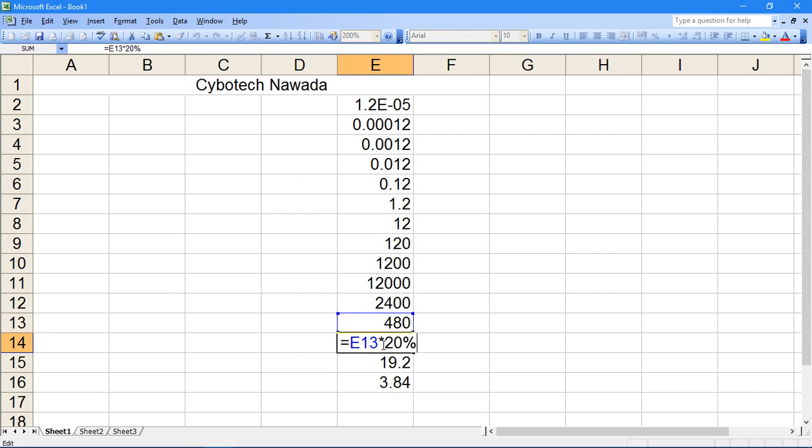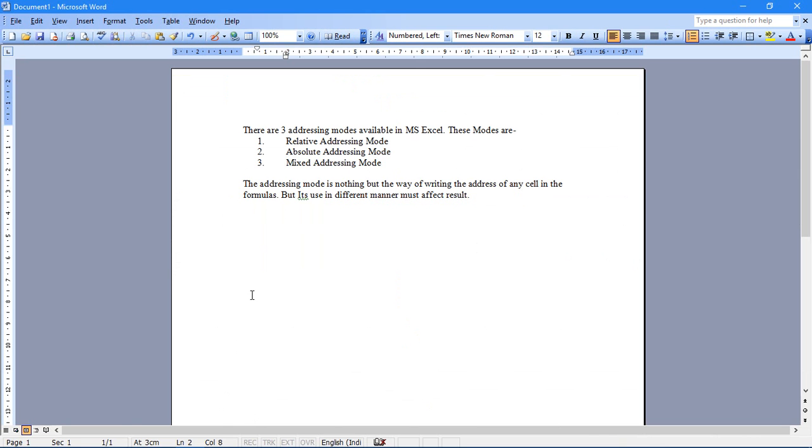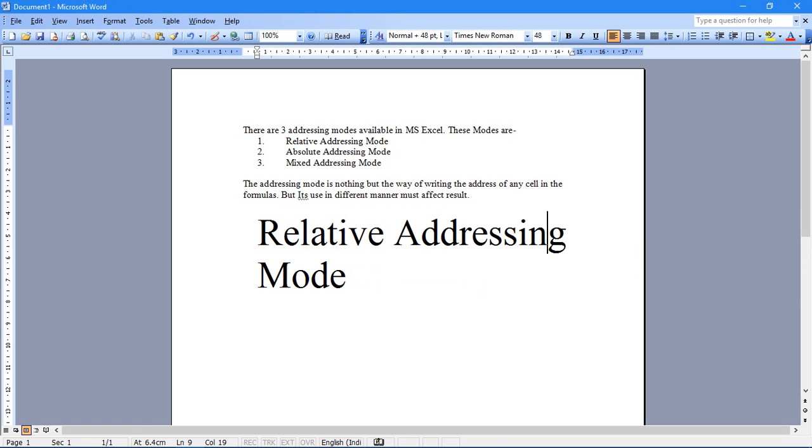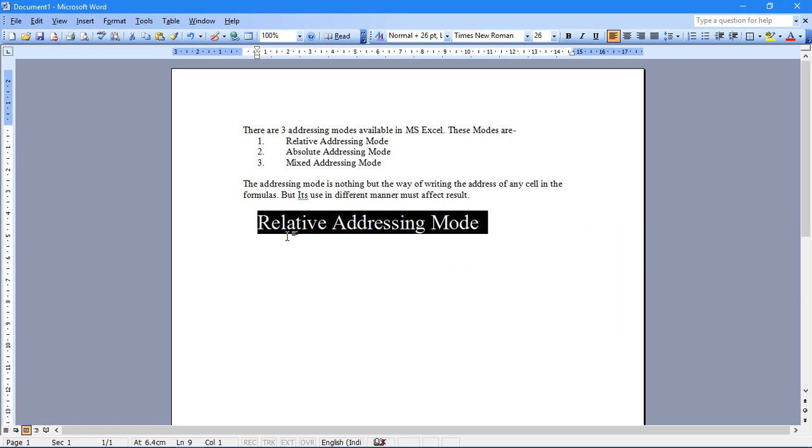But at this cell the formula is 20% of E13. What does it mean? It means this is the relative addressing mode.